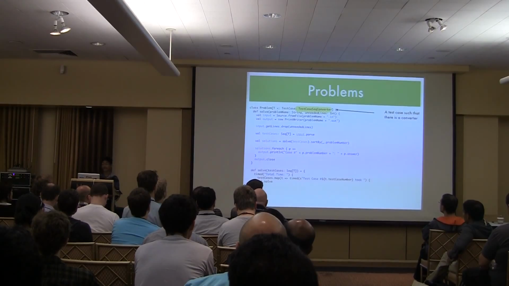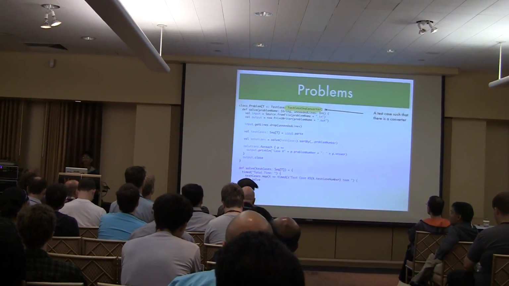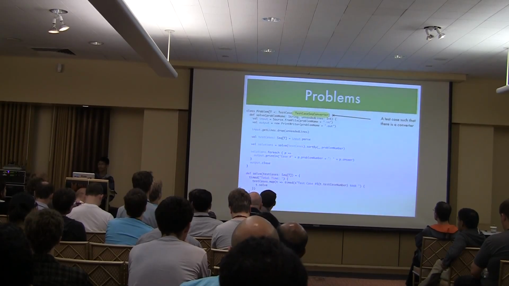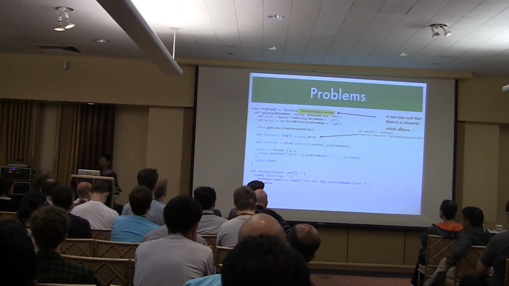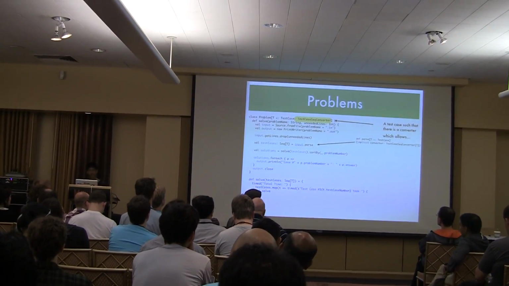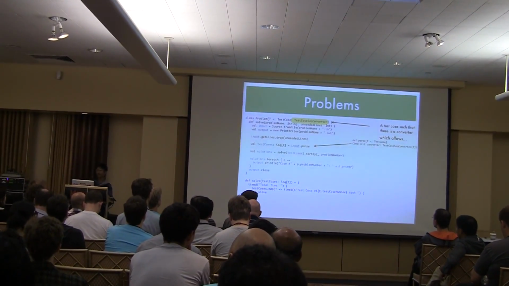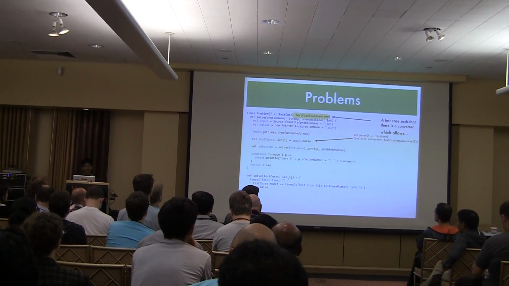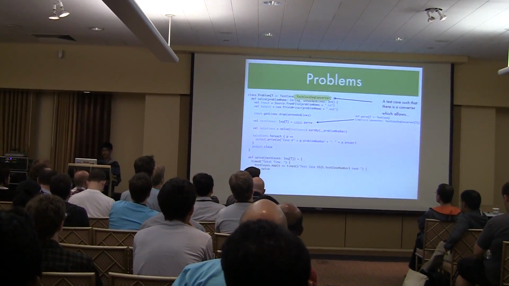What this means is, I want a test case such that there is a converter implicitly available for that test case. And the reason why I need this is, when I'm using this method parse, I need an implicit converter, which is a test case sequence converter. And since now I'm putting that colon test case sequence converter, it's implicitly available. So that's my problem class.